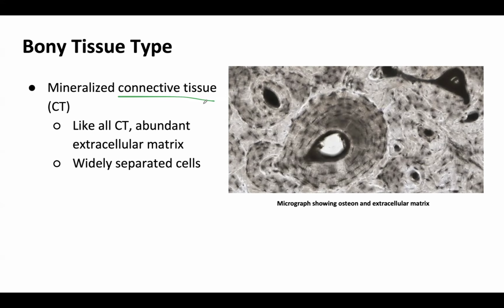Remember, connective tissues are quite varied, and it's actually the most abundant type of tissue throughout the body. So tendons, ligaments, cartilage, blood, and then of course bone are all connective tissues. And so connective tissue is going to be characterized by having a relatively abundant extracellular matrix with cells occupying considerably less space. And so this is certainly true of bone.